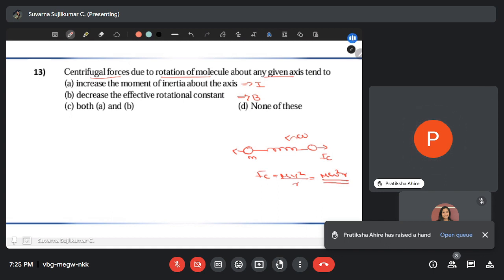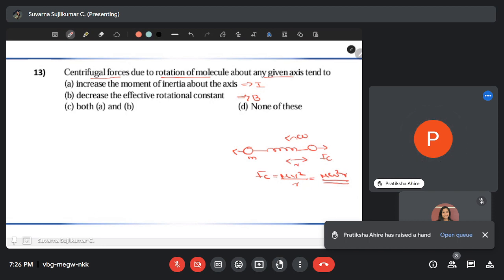So this we have discussed. What happens when this centrifugal force acts? What happens to the moment of inertia and what happens to the rotational constant B? We can think of the molecule rotating. Since the molecule is rotating, the bond length will increase, right?